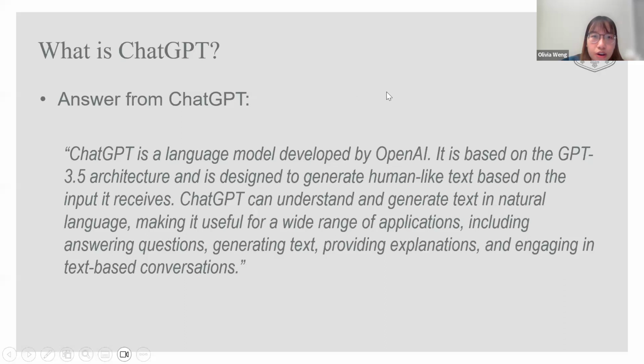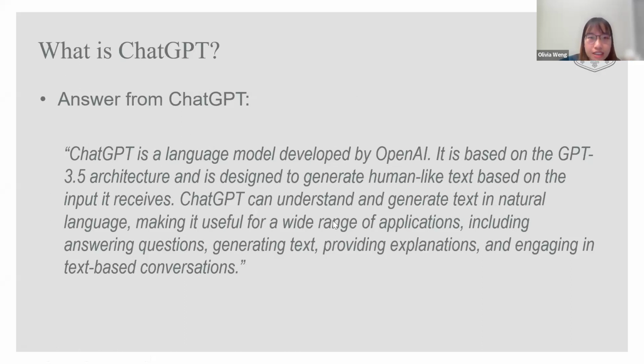First of all, I assume a lot of people here know what ChatGPT is, but what is ChatGPT? I will ask ChatGPT itself to answer this question. This whole text is from ChatGPT itself when I ask the exact same question.